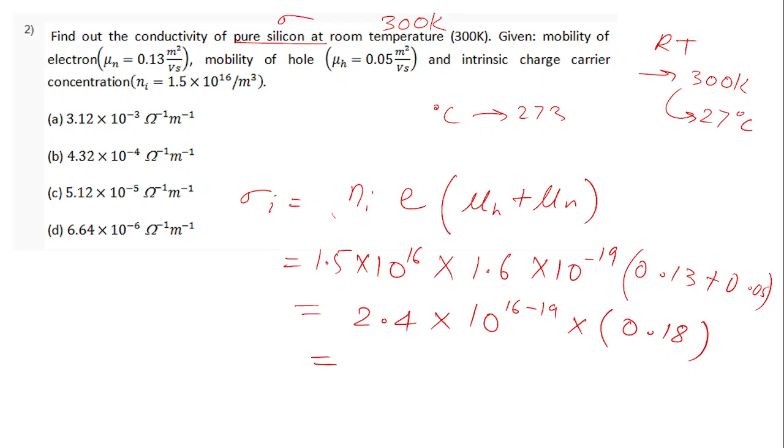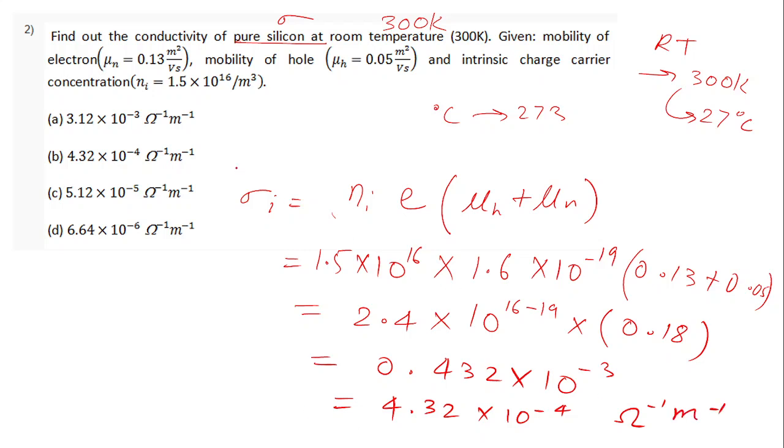So 2.4 times 0.18 is 0.432, and in the power it will be minus 3. If I bring the decimal to the right, then it will become 4.32 times 10 to the power minus 4, and the unit will be, because it's conductivity, per ohm per meter. So the correct answer is this, B.